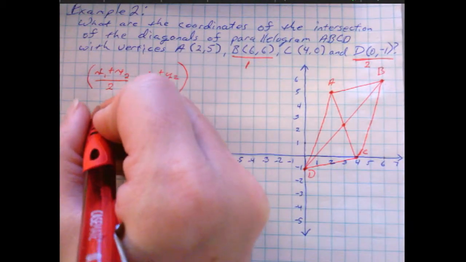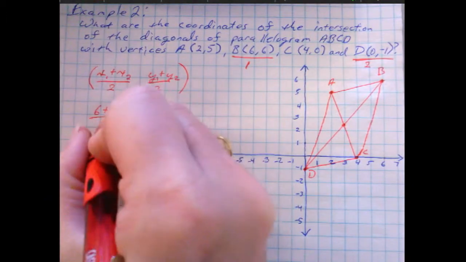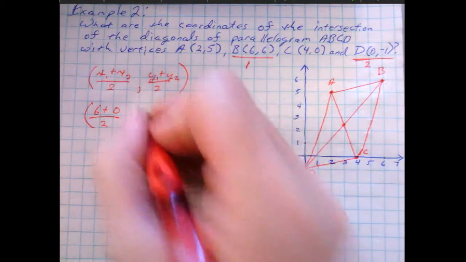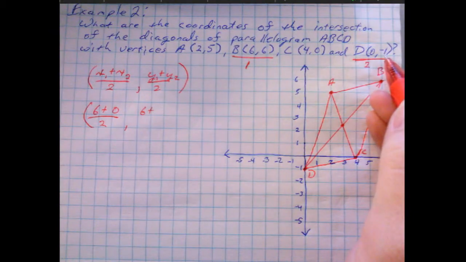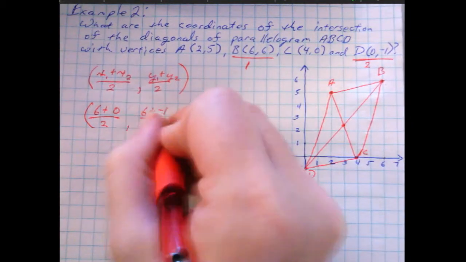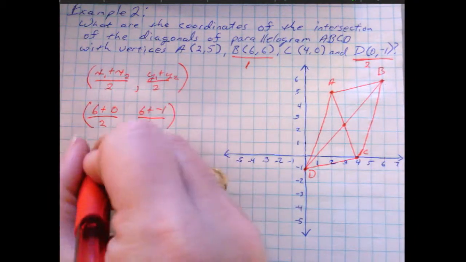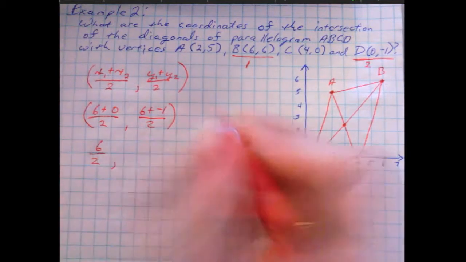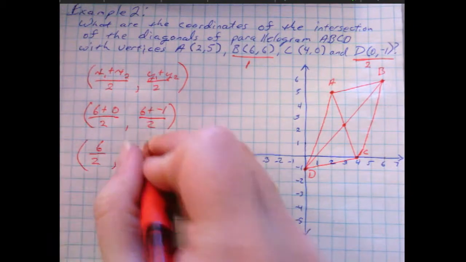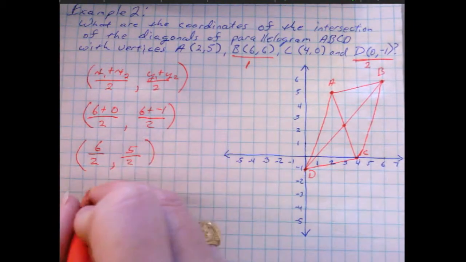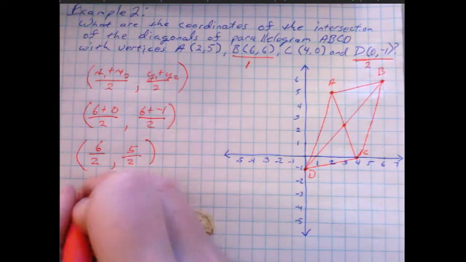So we have 6 plus x2, so that's over here, 0, over 2, comma, y1 is 6, plus y2 is a negative 1, over 2 in my parentheses. 6 plus 0 is 6, so this is 6 over 2. 6 plus a negative 1 is 5, so this is 5 over 2. 6 over 2 is 3. 5 over 2 is 2 and 1/2.